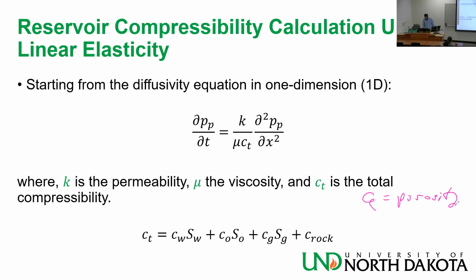Then you will have the equation: 1 minus phi times C rock, and then you have phi times everything else: CW SW plus CO SO plus CG SG. It's volumetrically weighted for the rock, basically.